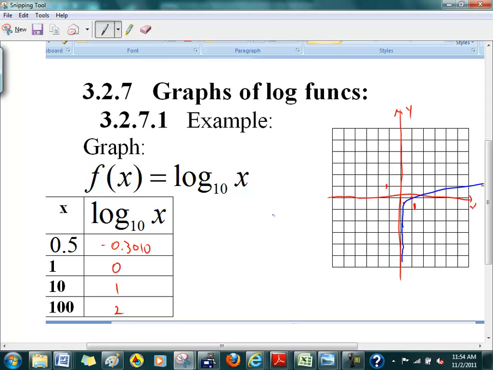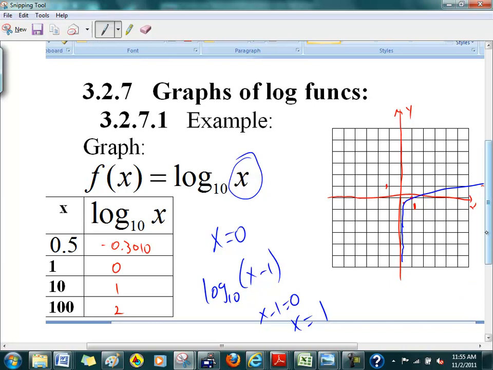The way you get vertical asymptotes on logs is by setting whatever is in here to 0. If you set it equal to 0, you can see that's your y-axis, so your y-axis is an asymptote. Supposing you had something like log to the base 10 of x minus 1, then you'd set x minus 1 equal to 0, and your vertical asymptote would be x equals 1.